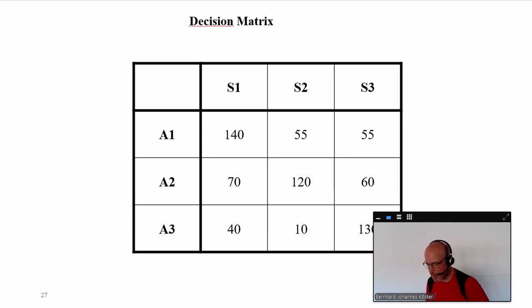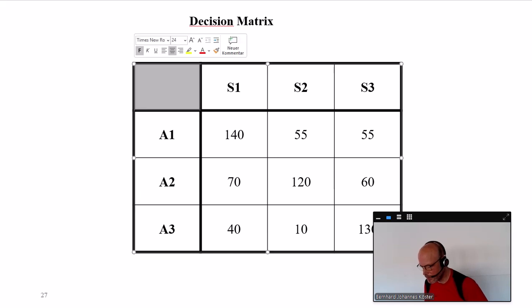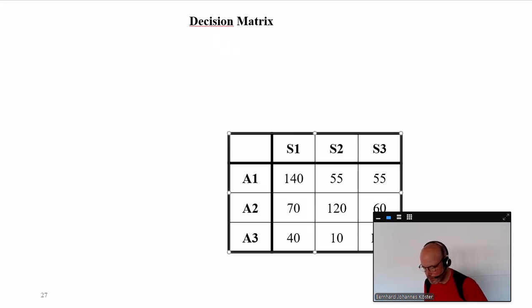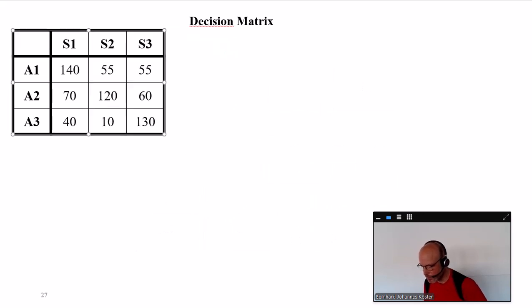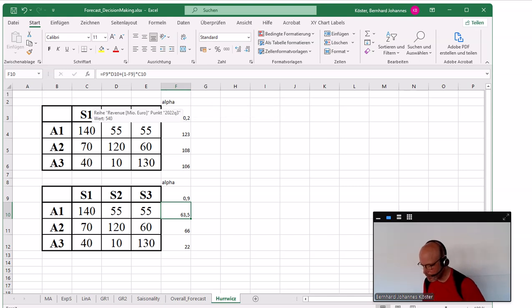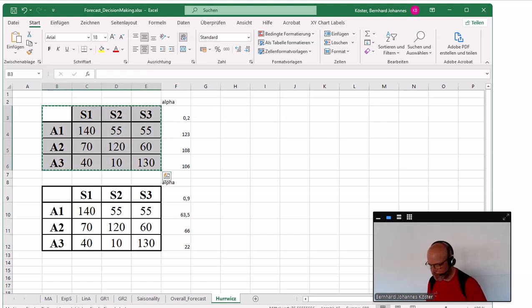And this then I do for every alternative, but at first we want to calculate the other. First Laplace. This is not very hard to calculate.